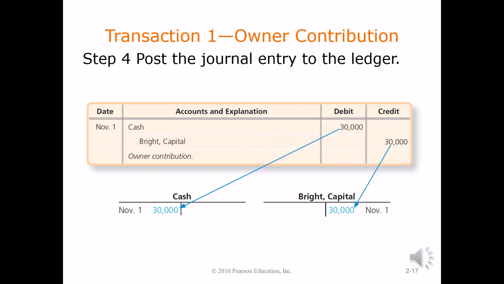The debit gets posted to the cash account and establishes the cash account for the very first time, since its balance right now is 0. And we post the credit portion of the journal entry into our ledger for Bright Capital. This also establishes the capital for the first time because the capital account was 0 before.